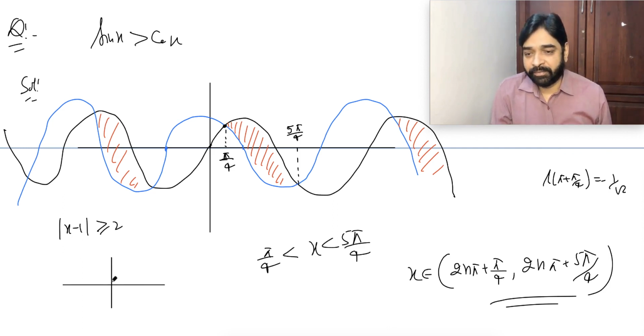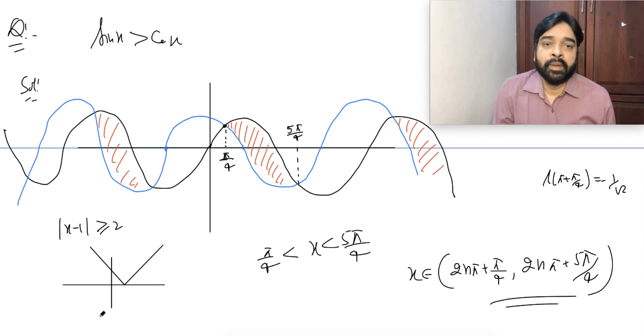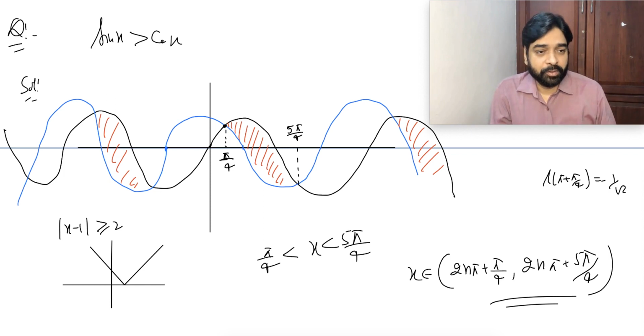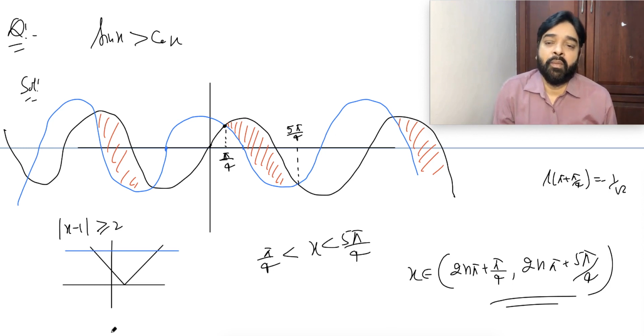Mod x graph, this way. I am not drawing, I hope you remember. Mod of x minus 1 graph, 1 unit towards right. And y equal to 2 graph. What we want?